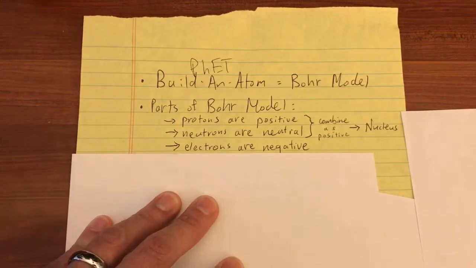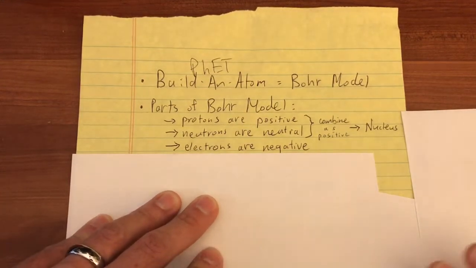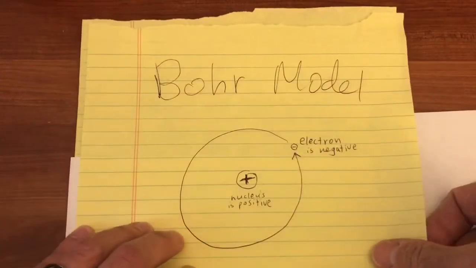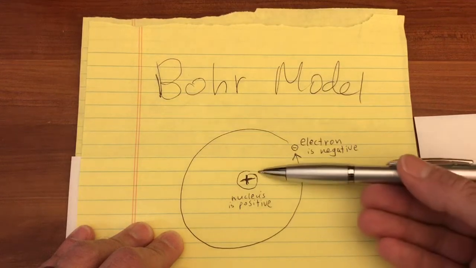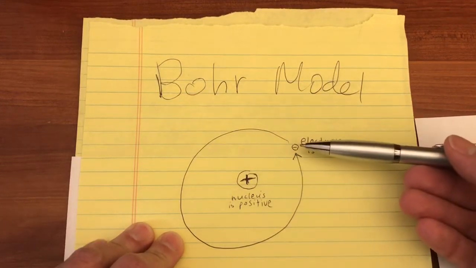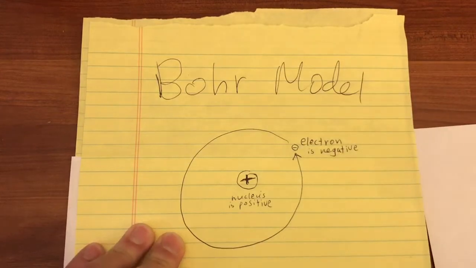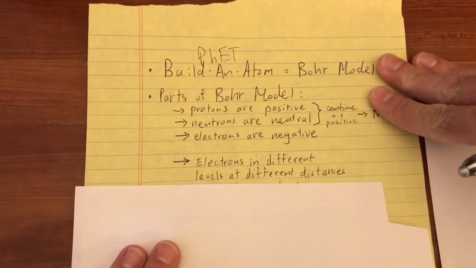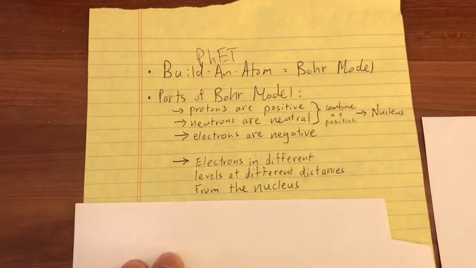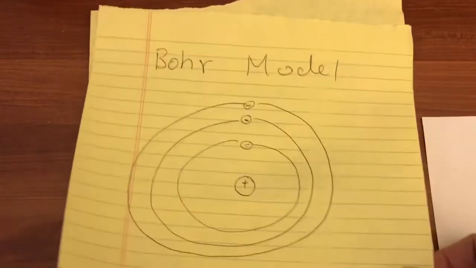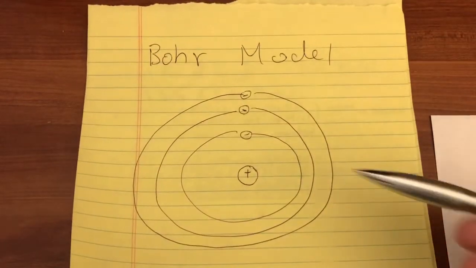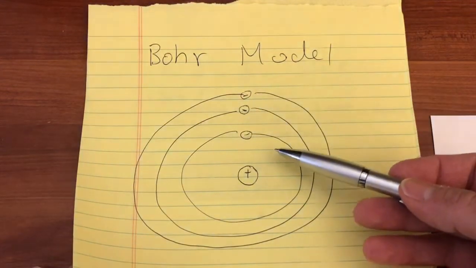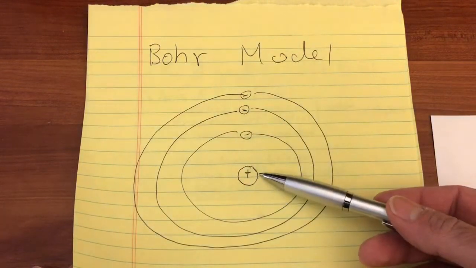Now, there's also electrons, and those are negative. Here's the basics of the Bohr model of the atom. Your positive nucleus, right there. Your negative electrons, right there. The electrons are in different levels at different distances from the nucleus. So you don't just put electrons in one location, you put them in locations that increase in distance away from the center of the atom.